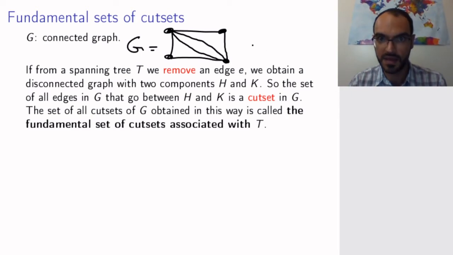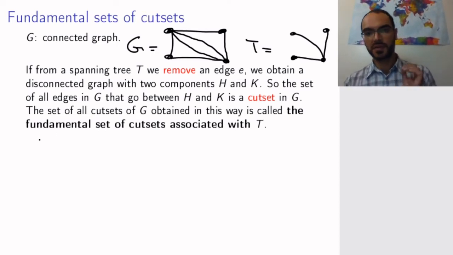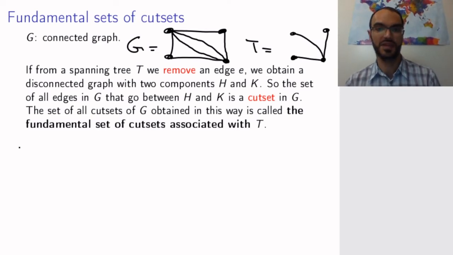And let me take as a spanning tree, well, let's be boring and take the same spanning tree we usually take. Okay. So now I am going to remove one edge from T. And I can do this in three ways, obviously, since T has three edges.